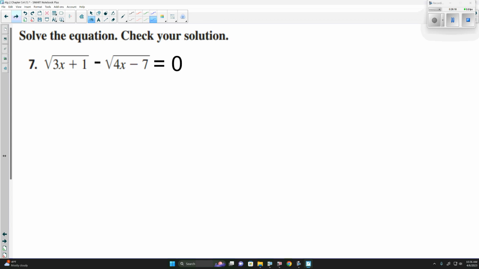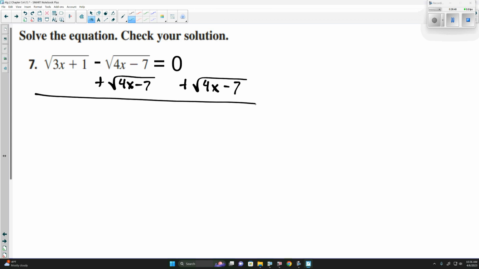Okay. Looking at this one here, is there more than one radical? Yes. So, if more than one, even them out. And we have them evened out? No, we've got 2 on one side and nothing on the other, yes? Well, nothing says I can't just add it to both sides.